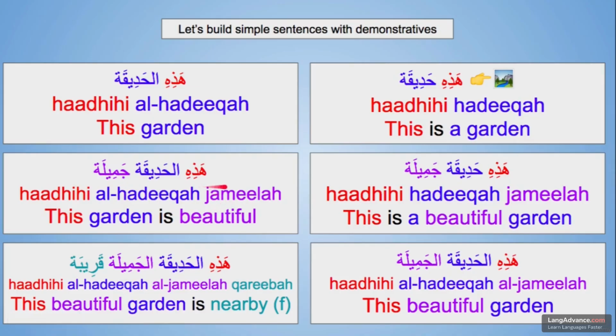Always pay attention to the structure and the order of words and what is indefinite and what is definite to see the structure that is shown here. And you can say something like هذه الحديقة الجميلة, this beautiful garden. We can also put this beautiful garden as the subject of a sentence, so we can say something like هذه الحديقة الجميلة قريبة, this beautiful garden is nearby.